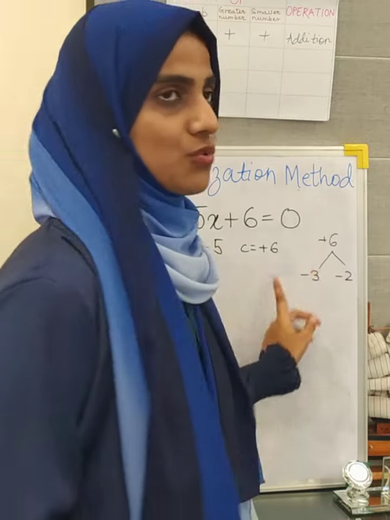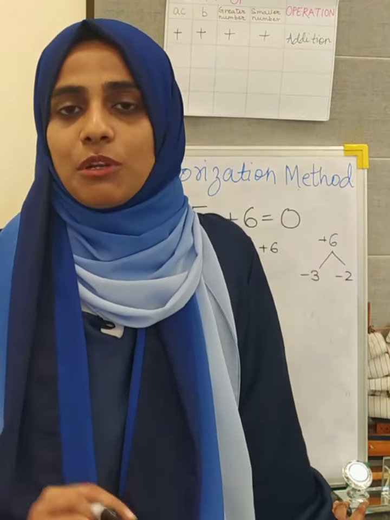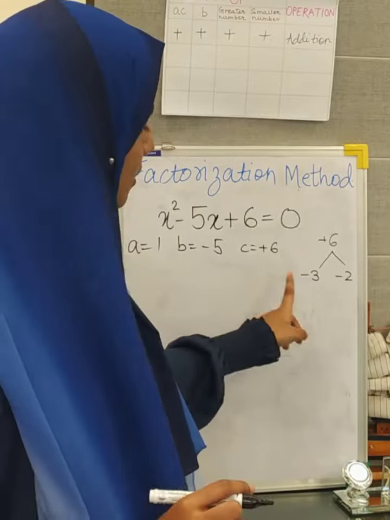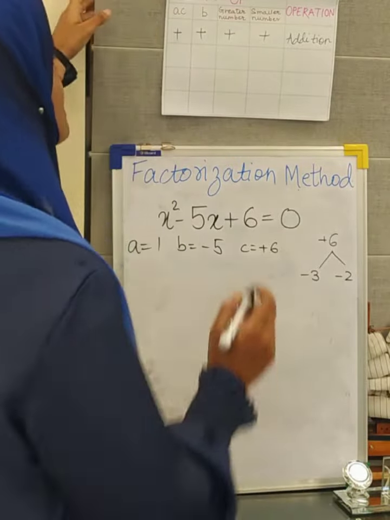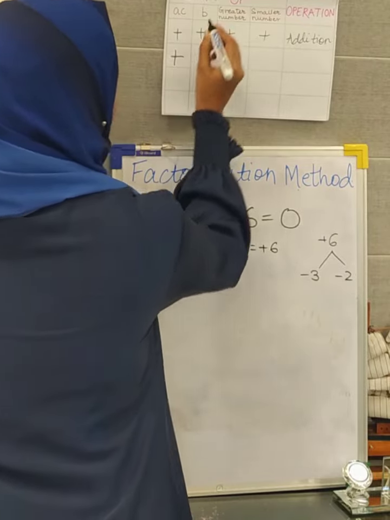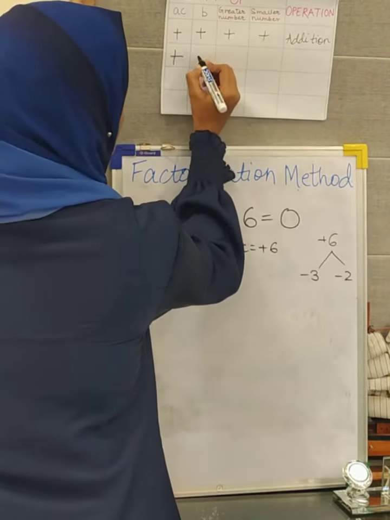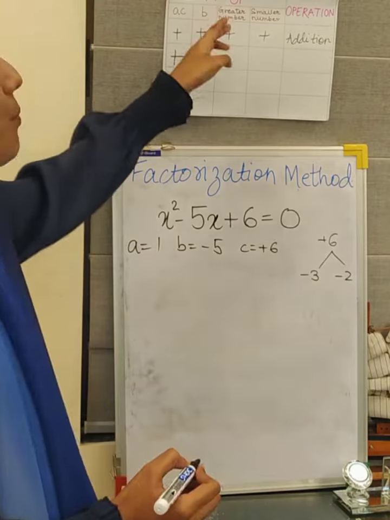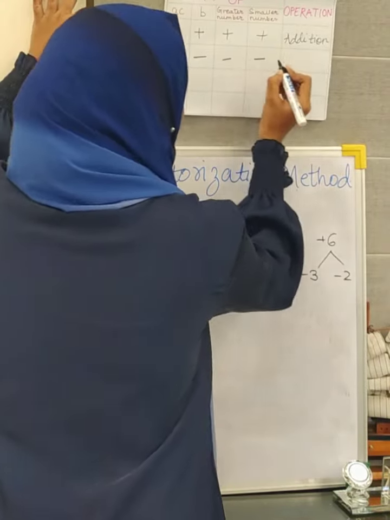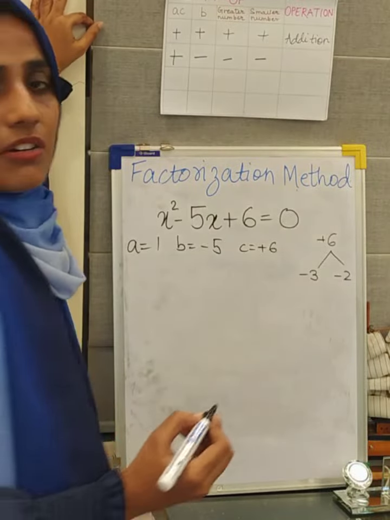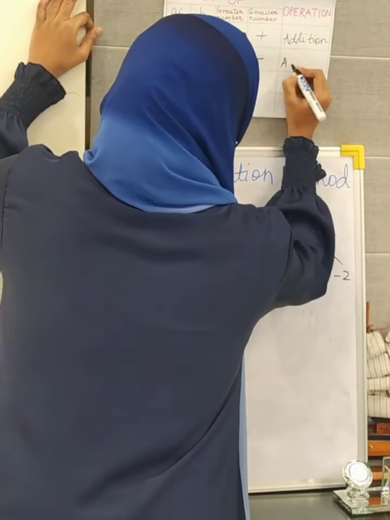Also minus 3 minus 2, so minus minus becomes plus. 3 plus 2 is 5 and the sign of the greater number, that is minus 5. So if AC is positive and B, that is the middle term, is negative, both the factors should have minus sign, and the operation used here is addition.